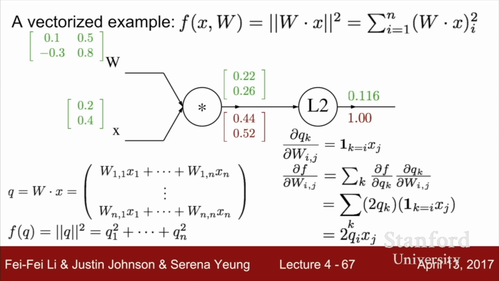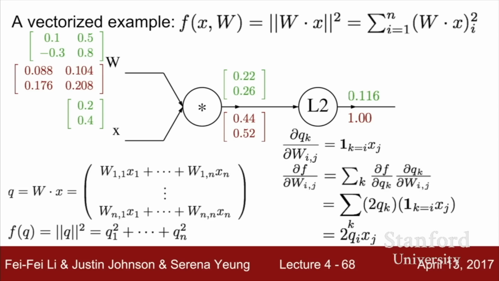We find the effect of each element of w on each element of q and sum this across all q. If you write this out, this gives the expression 2 times qi times xj.